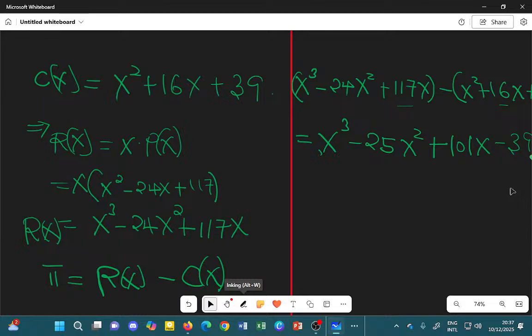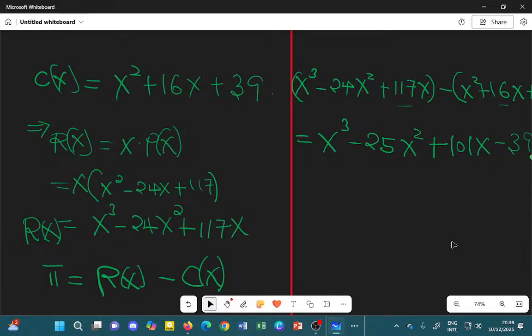For us to maximize the profit function, we'll have to differentiate this. We get the derivative of the profit function. And how do we do that?